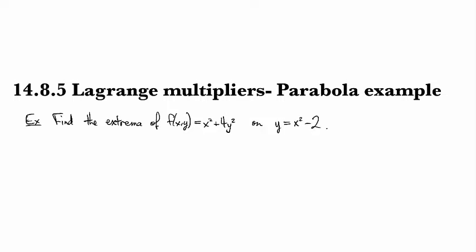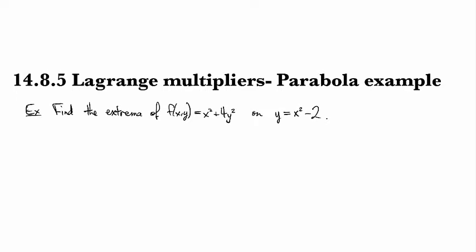Okay, so the first thing when sitting down to this one is to figure out what your constraint function is. And this is kind of not written in the right form. It's nice for recognizing it as a parabola, but what is it as a level curve? Well, it's actually y minus x squared being set equal to minus 2.